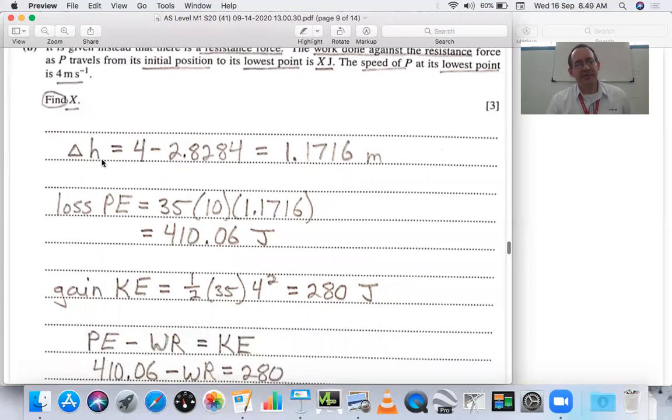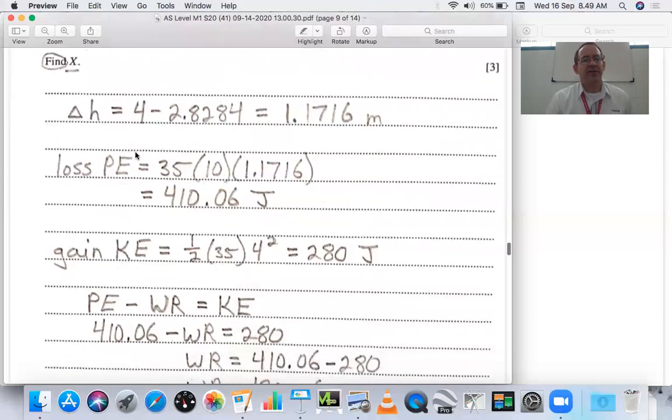So we need to find our change of height again. Since our rope is 4 meters long, in the straight down direction it's 4 minus the 2.82 at the 45 degree mark, which gives us a change of 1.1716 meters. So now our loss of potential energy is 410.06 joules.